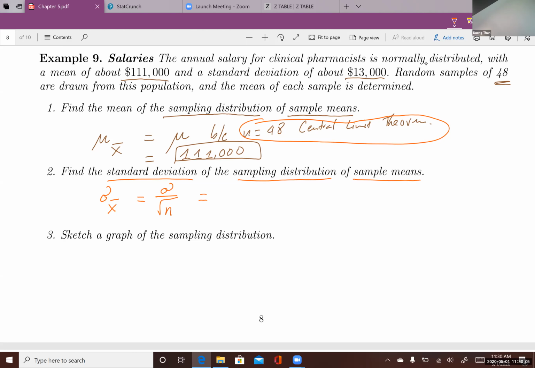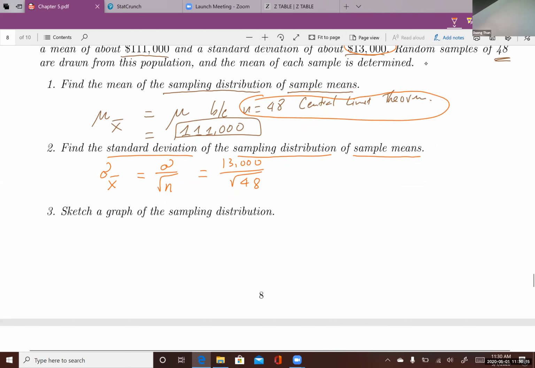The standard deviation of the population is 13,000 and n is 48, so 13,000 divided by the square root of 48, which is approximately $1,876.39.